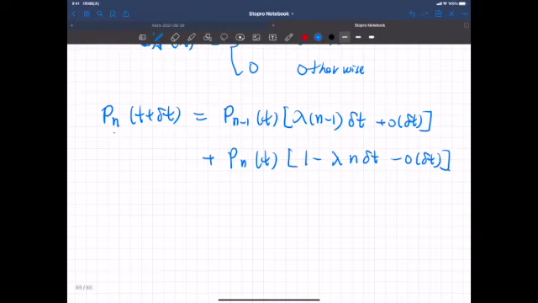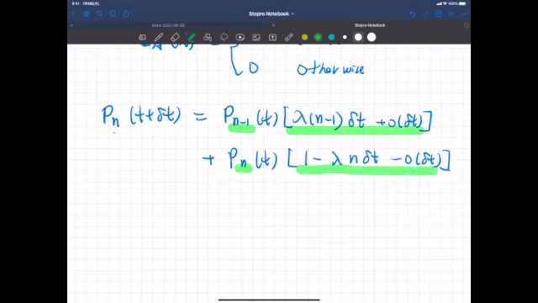Right? So this is another application of the partition theorem. At time t, there are two states. One is there are n minus 1 cells, and then one of the cells divided. Or there are already n cells, and then no cells divided.